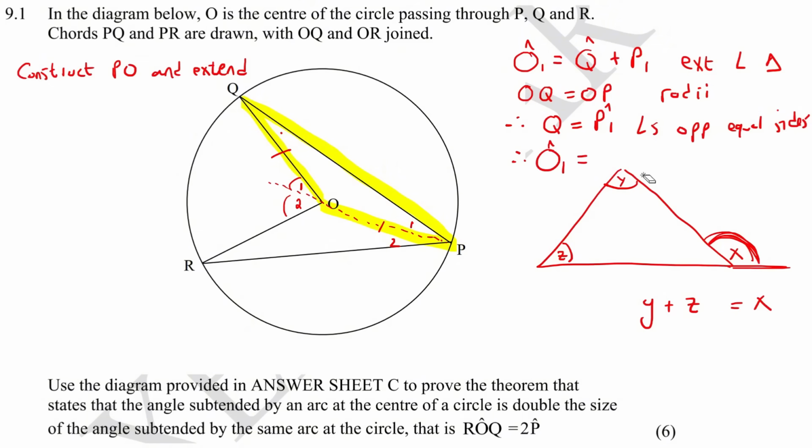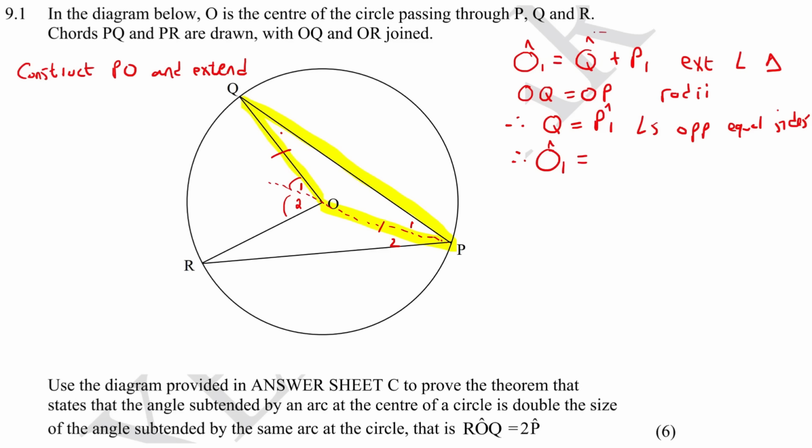So what we can then do is say, therefore, O1 must be, remember we said that O1 is going to be Q plus P1, but now we could say P1 plus P1 because Q is the same as P1, and so therefore it's going to be 2 P1. So what we then do is repeat exactly what we've just done, but in the bottom triangle.